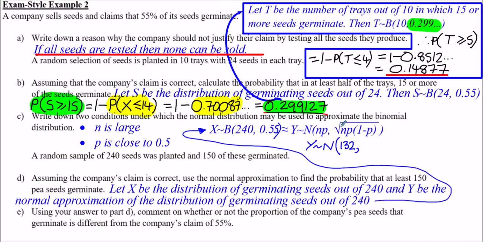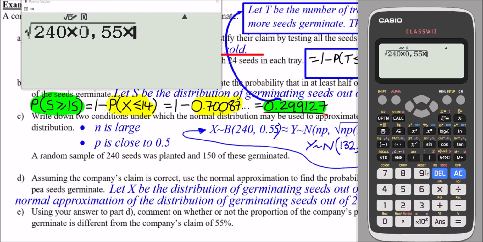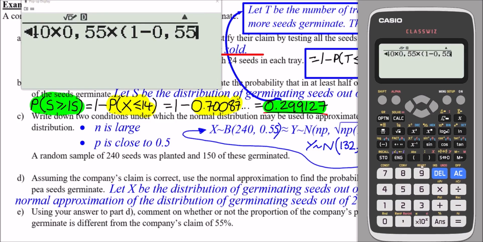And then what we're going to have here is the square root of n times p times 1 minus p, which is going to be 240 times 0.55 times 0.45, and all of that square rooted. So the square root of 240 times 0.55 times, if you want to do it in brackets you can, 1 minus 0.55, which, like I said, would give you 0.45. But if you're more confident doing it like this and not working anything out, that's fine.